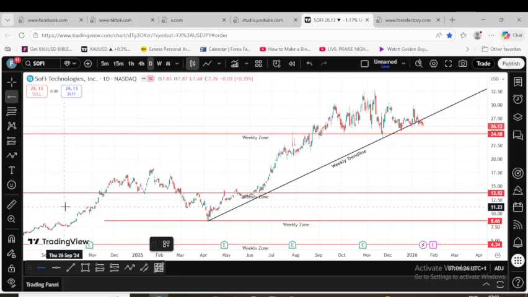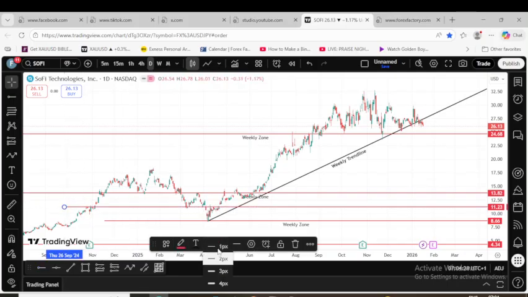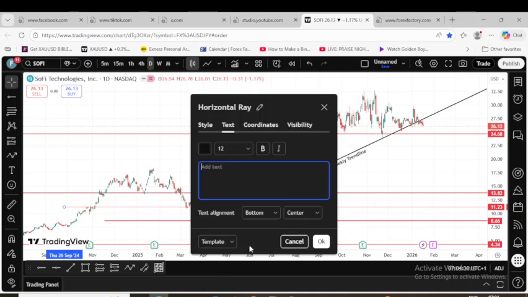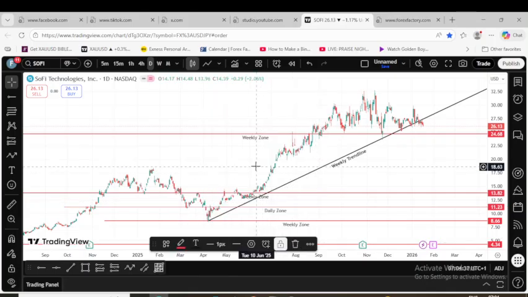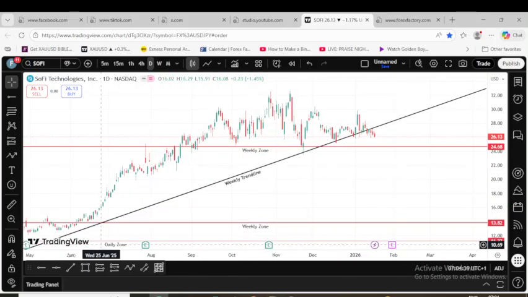Actually, I have a zone here, but it's so far from the recent price action. But I still have a zone here. I have a zone here.